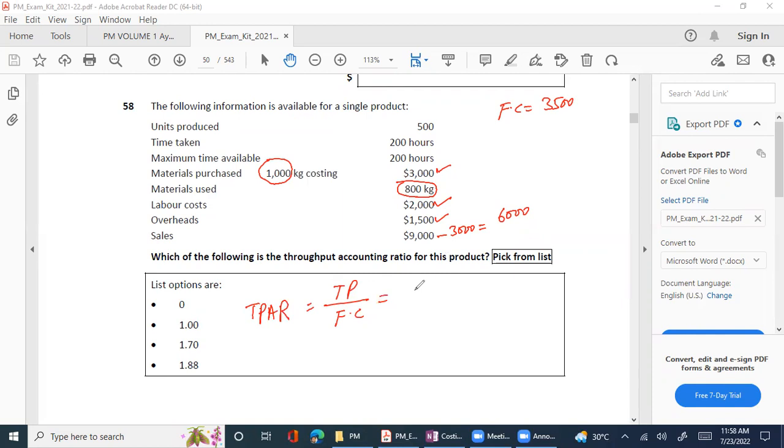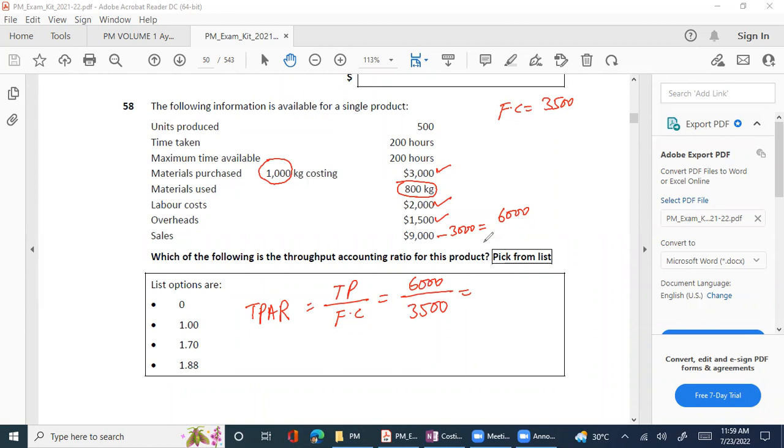Now I am taking the total throughput and the total fixed cost, so the ratio will be the same. The answer will not be different. You can check this with any previous solution in which we calculated the throughput accounting ratio on a per hour basis. If you take the total figures, you will get the same ratio. So you can verify for your satisfaction, but you can rely on me that the result will be the same.